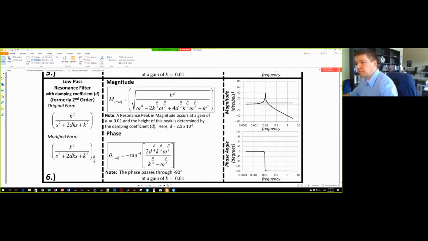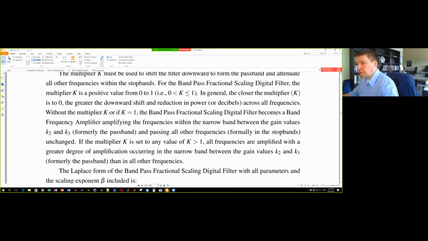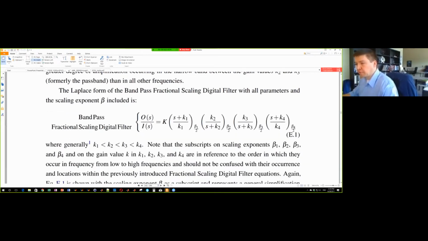Also, with a resonance filter, that is defined by where you want the resonance peak to occur, and that's the central term within this equation that will define that. So with these examples, if I wanted to build a bandpass filter, I can group together 4 of those equations in terms of a building block. The value K is a multiplier. It just shifts the spectrum up or down by a specific amount.